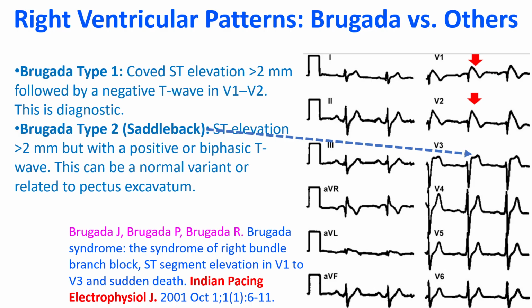But if this pattern is converted to type 1, that is the pattern seen in V1, V2, by drug challenge with medications like flecainide, it is indicative of Brugada syndrome. Please note that drug challenge should be done only with great precaution, as it can rarely precipitate serious ventricular arrhythmias.